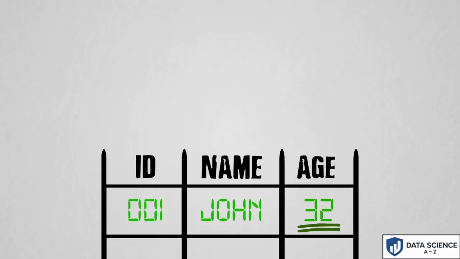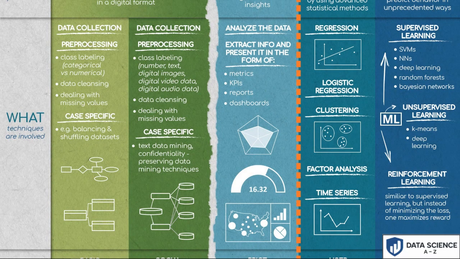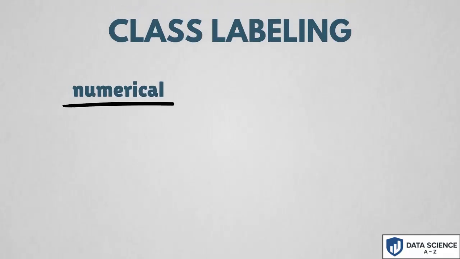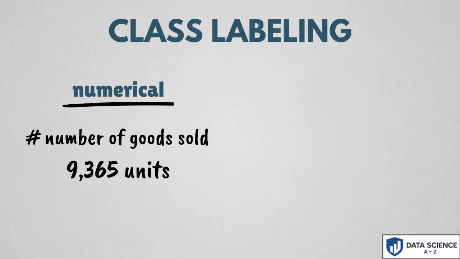Perfect. So, let's delve into the specific techniques that are applied while preprocessing raw data. One technique is class labeling. This involves labeling the data point to the correct data type, or arranging data by category. One such category is numerical. For example, if you are storing the number of goods sold daily, then you are keeping track of numerical values.